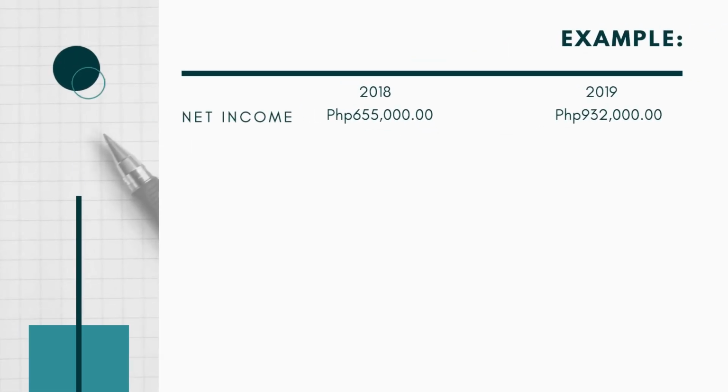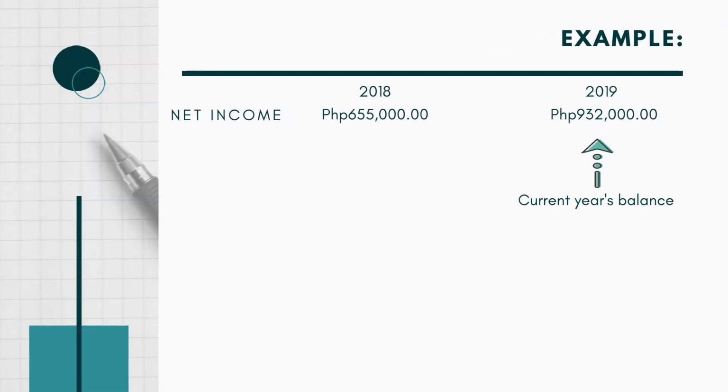Here is our example. The net income for 2018 is 655,000 and the net income for 2019 is 932,000 pesos. So the current year balance here amounts to 932,000 pesos and the prior year's balance amounts to 655,000.